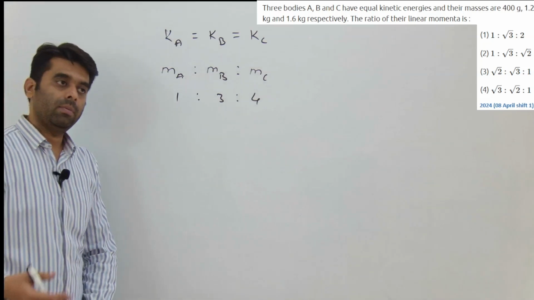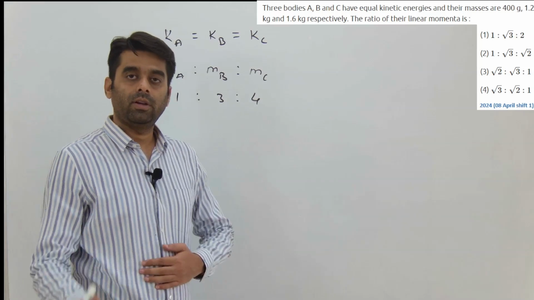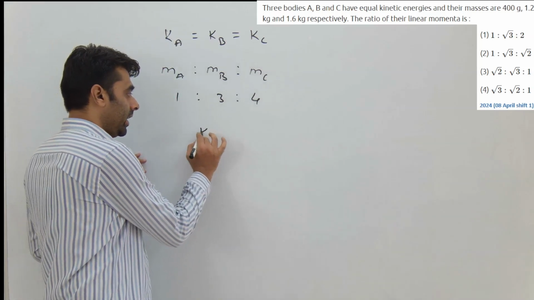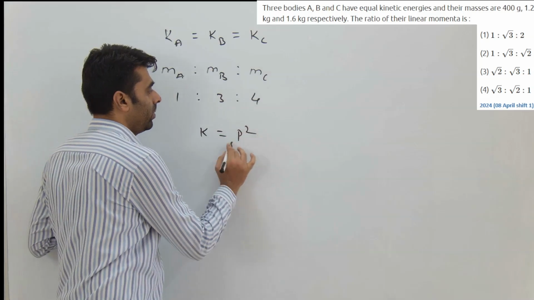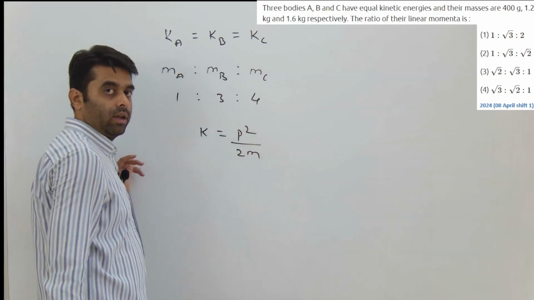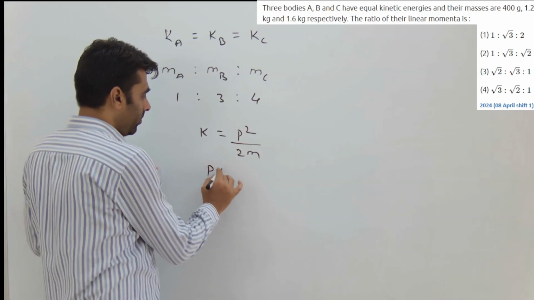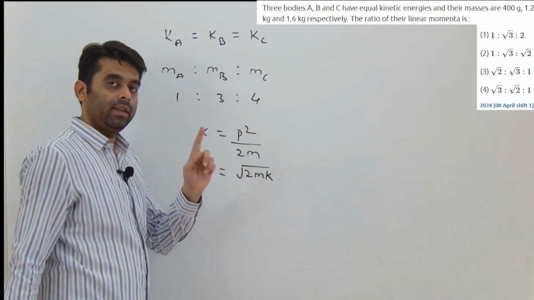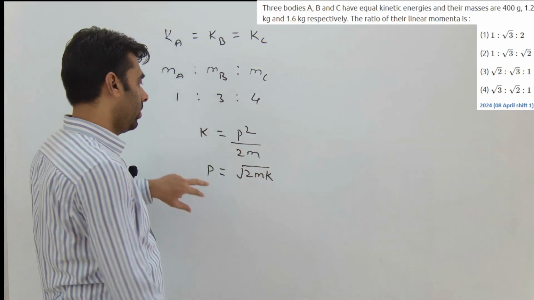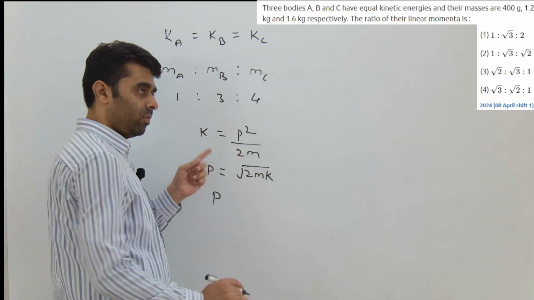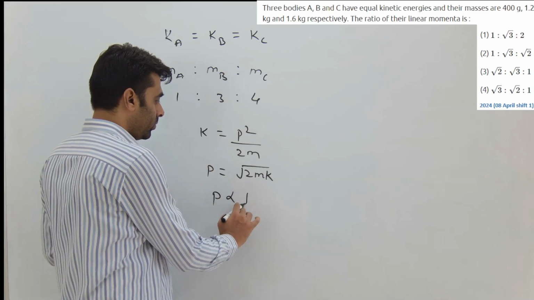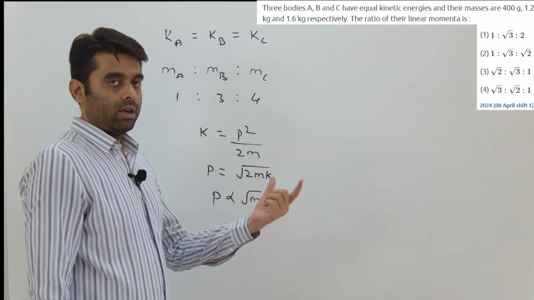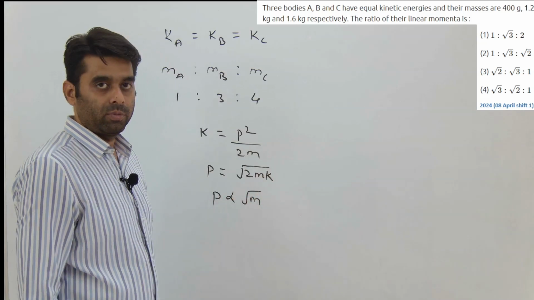Now again, questions are being repeated for the same concept or same formula. What do we know? Kinetic energy is P square by 2m. In terms of momentum, P is equals to root over 2mK. Because kinetic energies are constant, momentum is directly proportional to root m.